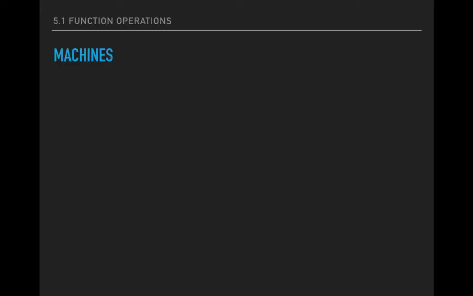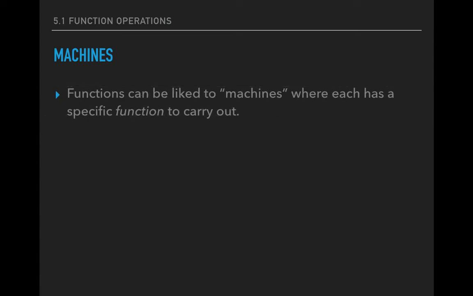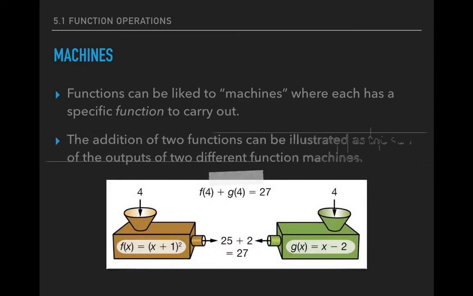I like to think of functions as a machine. Each of these machines has a specific function or job that it needs to carry out. Here's a kind of visual illustration for you. Let's say that we were going to add two functions, f and g.